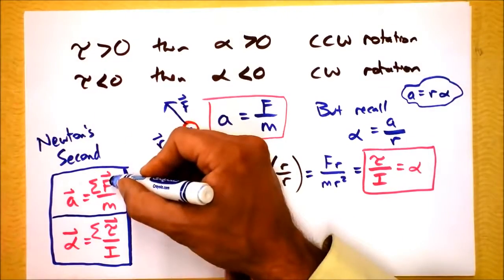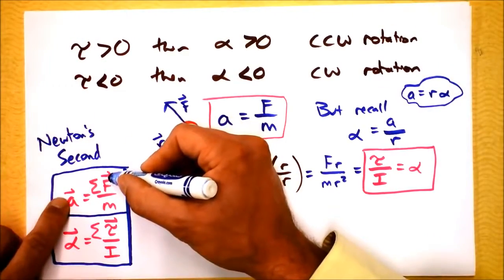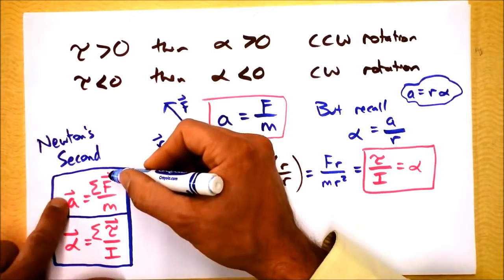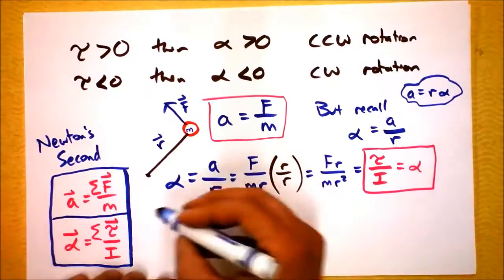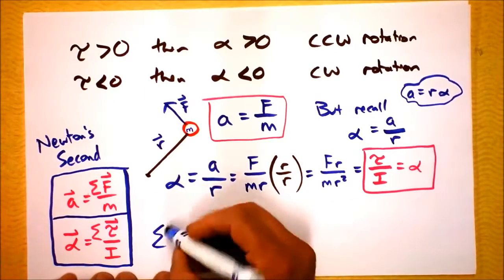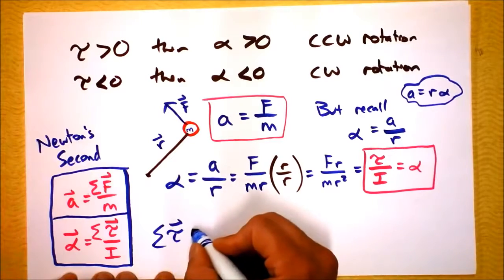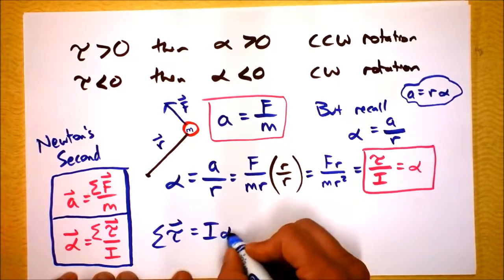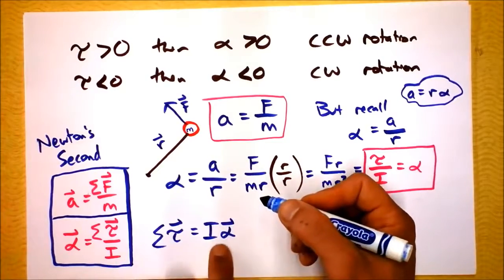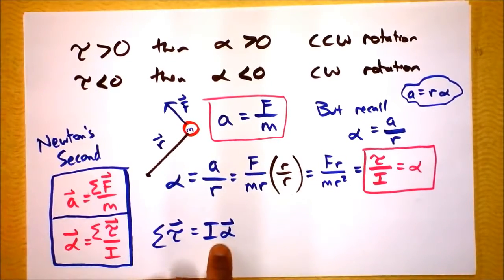Just like for a given force, acceleration will be big if you have a small mass, and acceleration will be small if you have a big mass. Okay, I don't think there are any surprises right there. So perhaps writing it in one final form, net torque causes, well, I guess it's I times alpha. Net force causes acceleration linearly.